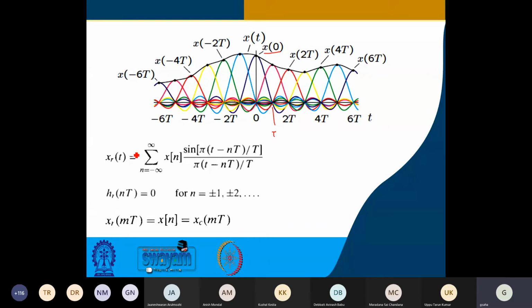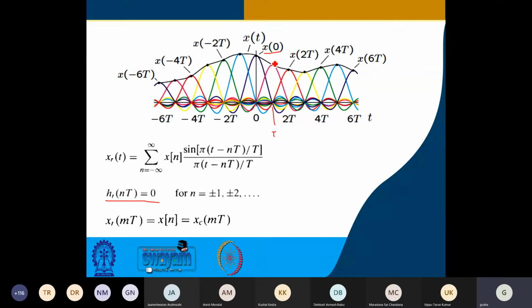Now, a few observations here: you can see that h(t minus nT) is 0 for n equal to plus minus 1, plus minus 2, etc. What does it mean? This one is 0 over here, this one is 0 over here.